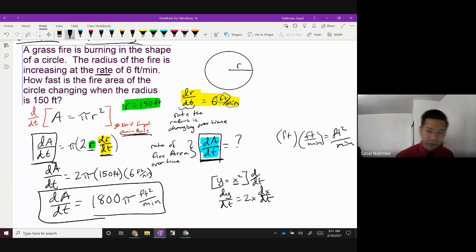Which, by the way, is the answer of that problem. That fire is growing at a rate of 6 feet per minute. That means the area of the circle is growing at 1800 pi feet squared per minute. That's how fast the area of the fire is growing.